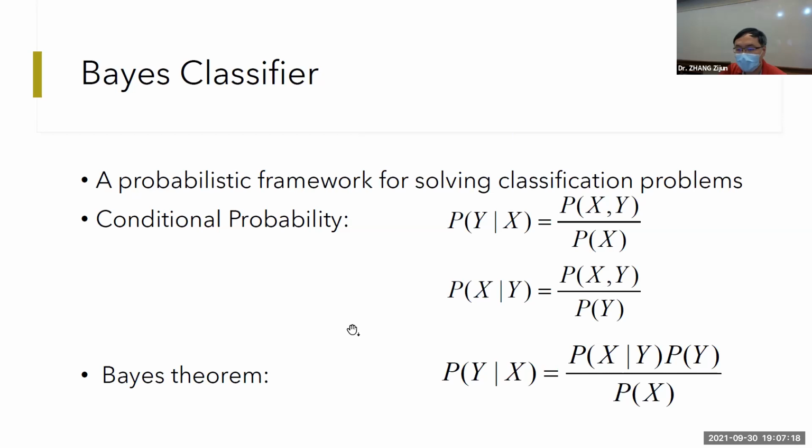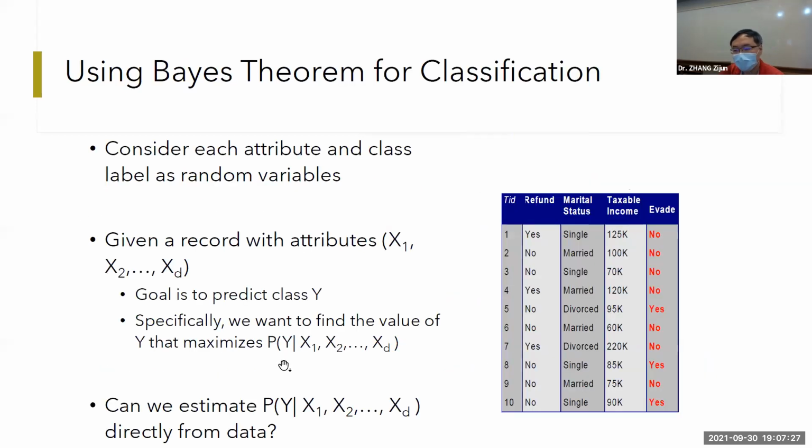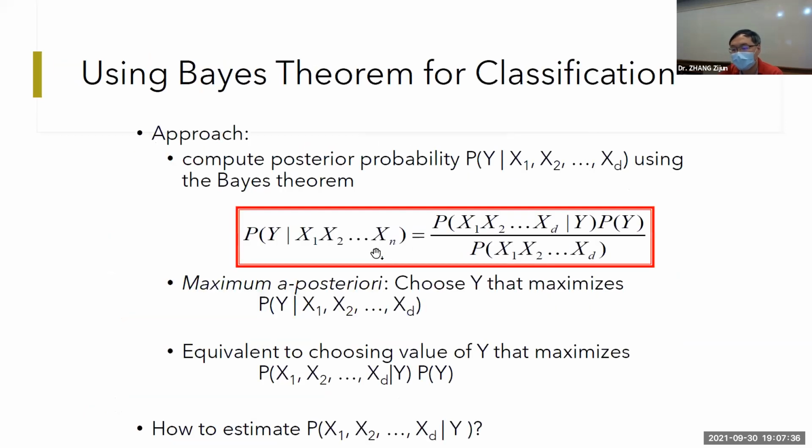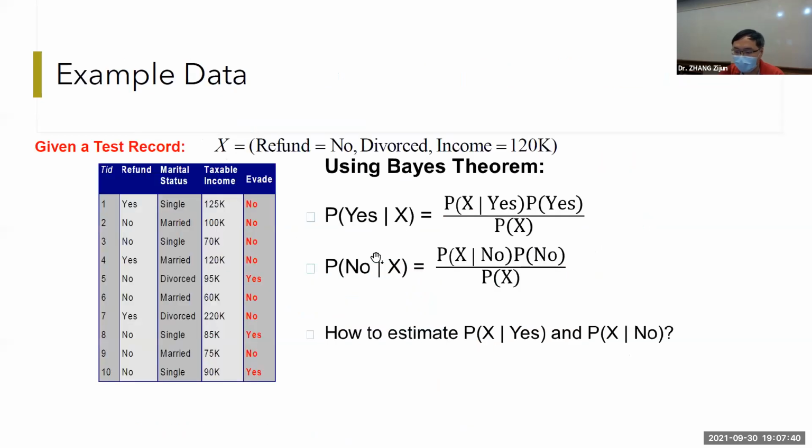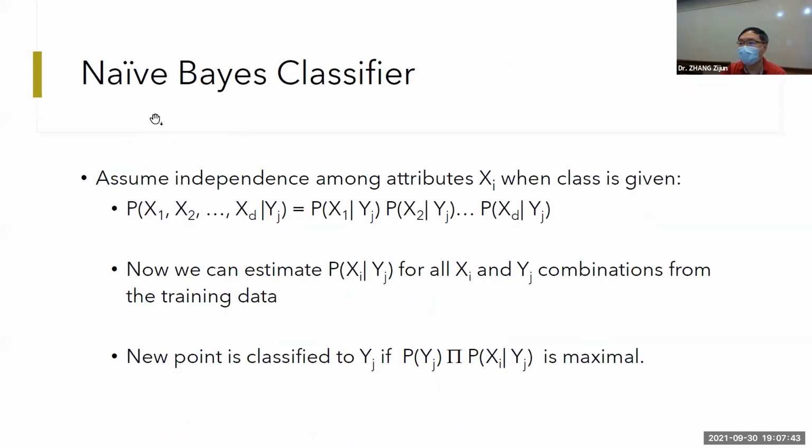And we also talked about the Bayes classifier, which is a classification done in a probabilistic way. We introduced Bayes theorem, which serves as the foundation for us to understand the Bayesian classifier. In the calculation, we introduced the naive Bayes assumption, which helps us simplify the computation of the likelihood.